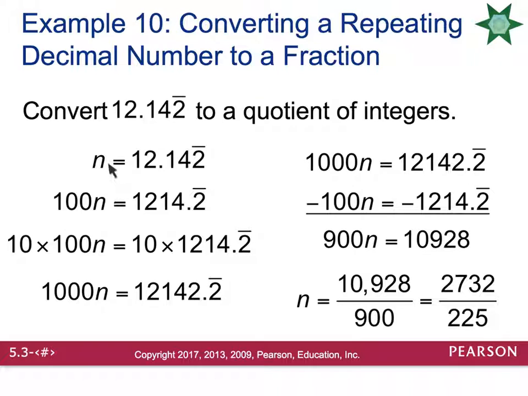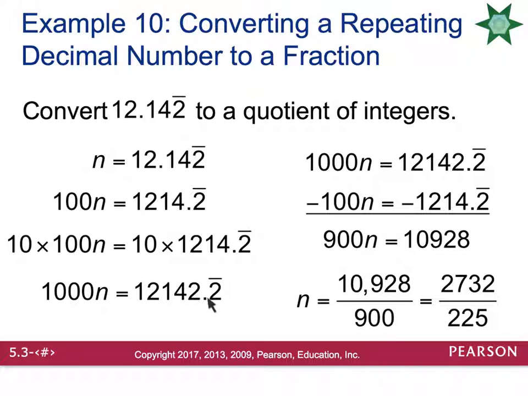So if we multiply n times 100, it moves our decimal over 2 places. See that? That's kind of the trick there. So we got n and we got 100n. Now if we take this 100n and multiply it times 10 again, you're going to get that repeating pattern again. And the idea is we're trying to get rid of that repeating pattern.